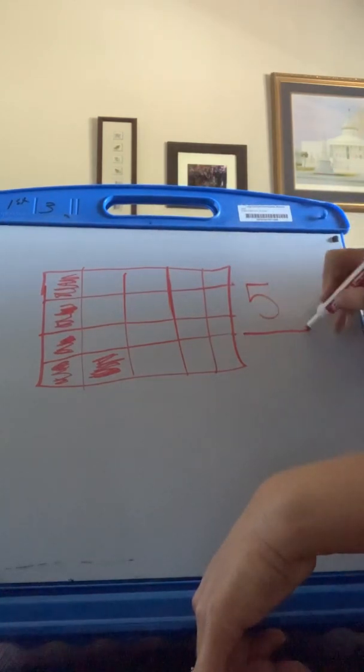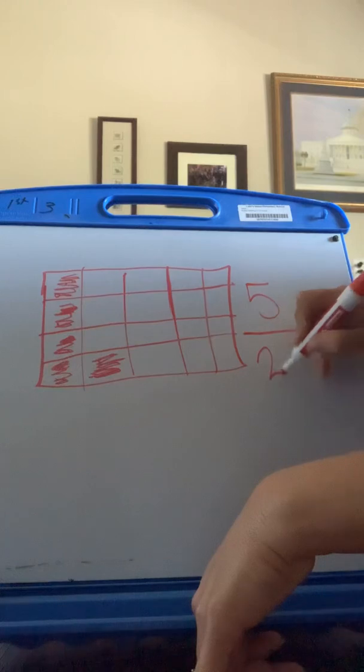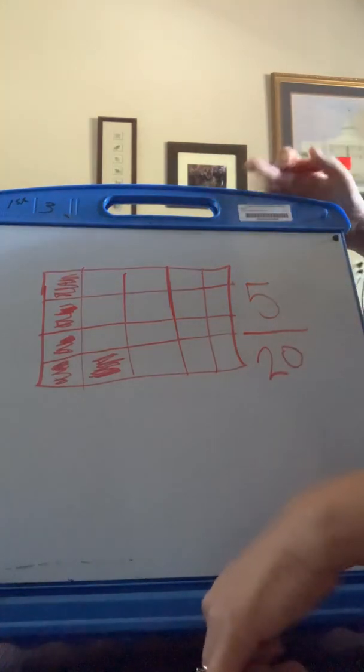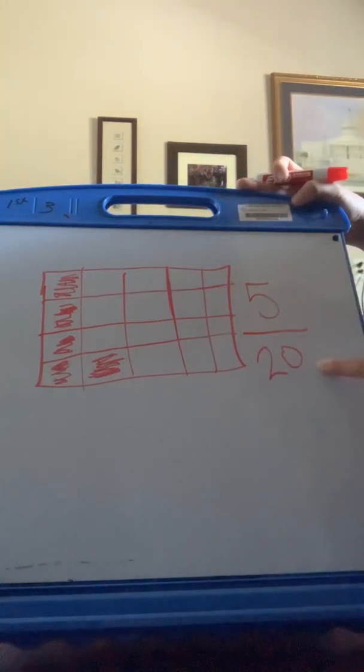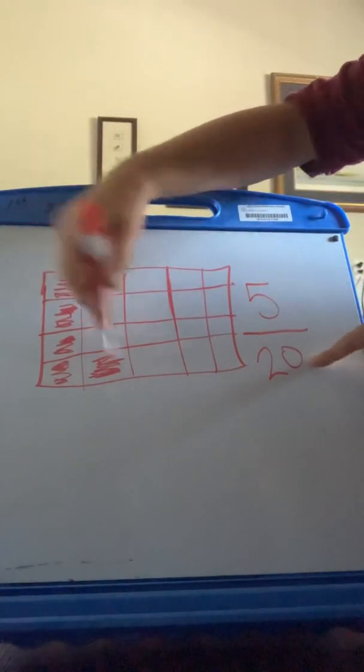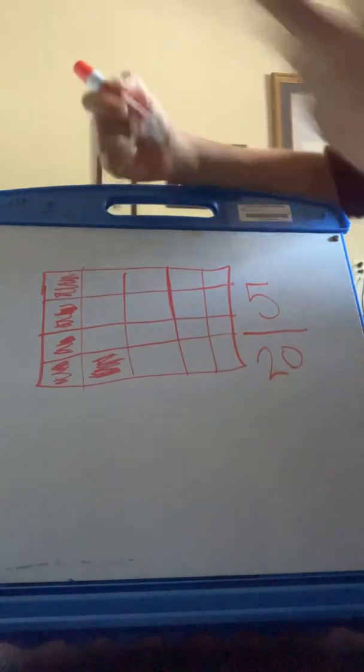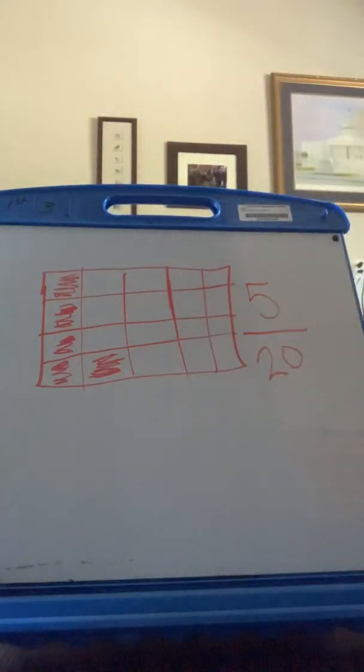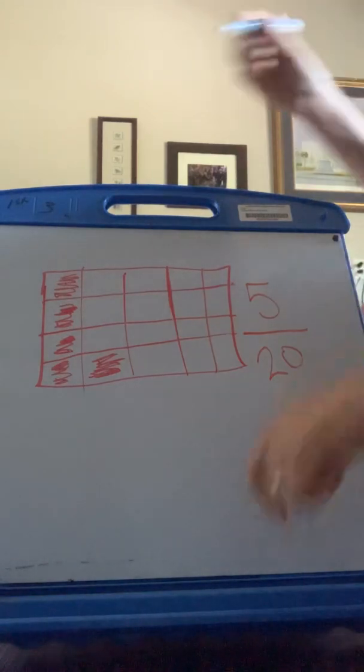But there's how many in the whole thing? 20. So Emma has had 5/20ths of the brownies. She had 5 pieces, but there's 20 in the whole thing. And then let's say that Hannah finished her dinner.